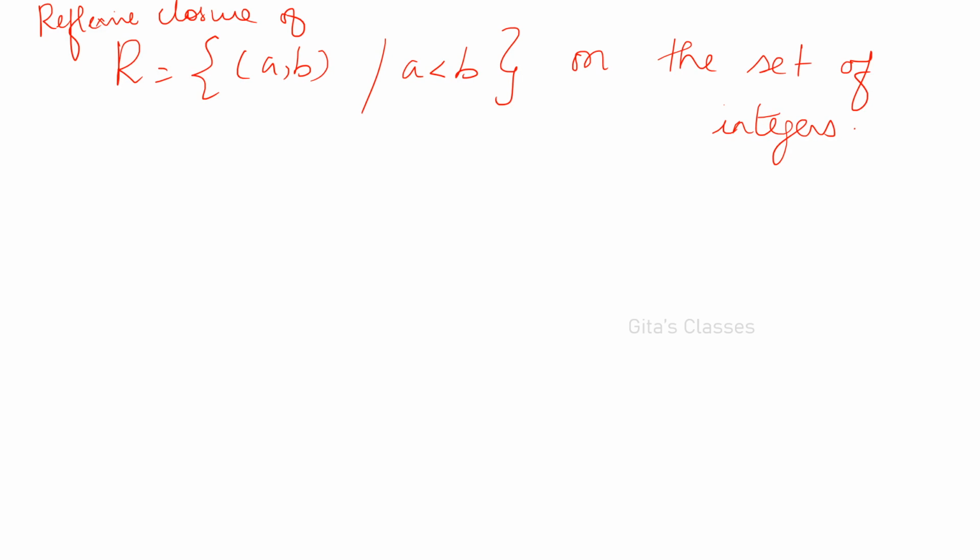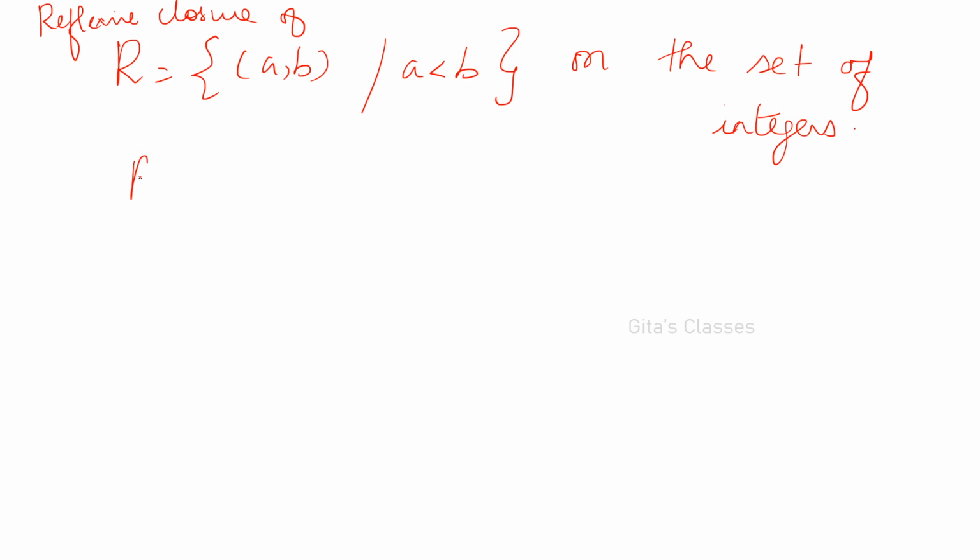So what will be the reflexive closure? R union the set S. For reflexive, a should be related to itself. Here only strictly less than is there, but it should be equal also. You have to make it equal too.